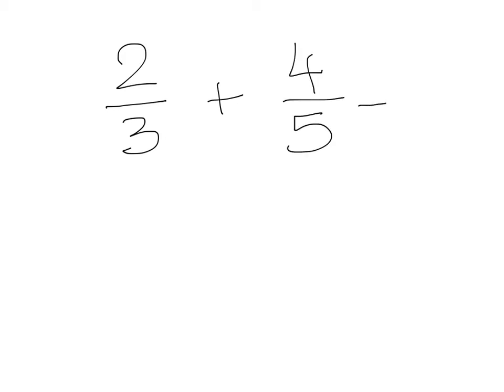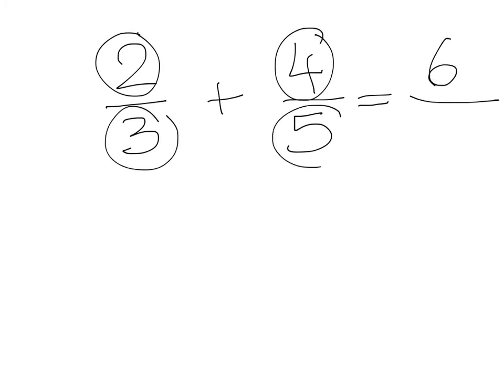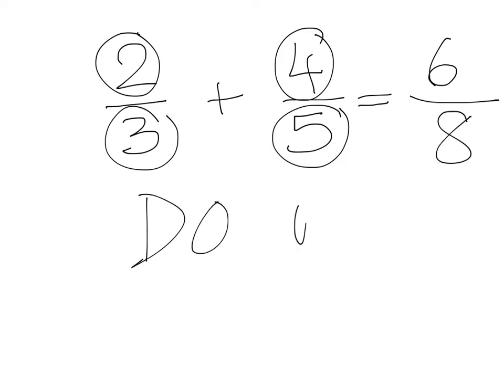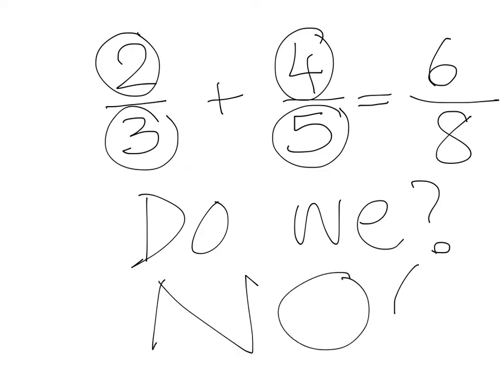So if we have two fractions with different denominators, we don't go 2 plus 4 equals 6 over 3 plus 5 equals 8. Do we? No.